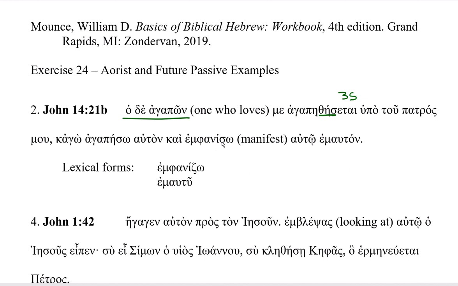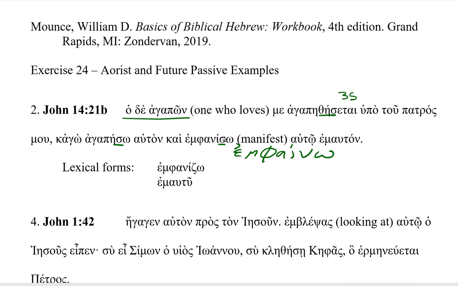Emphaniso is another future tense verb. So again, we have a sigma tense formative, just like we had back over here on agapeso. And the verb is emphanizo, which is derived from phaino, and it means to manifest.